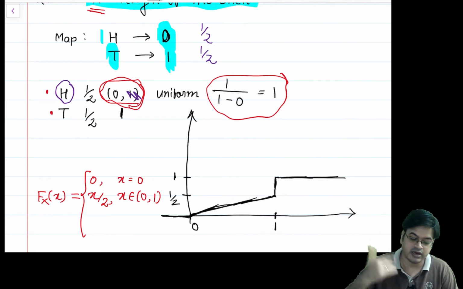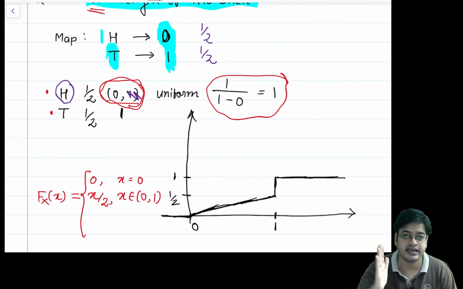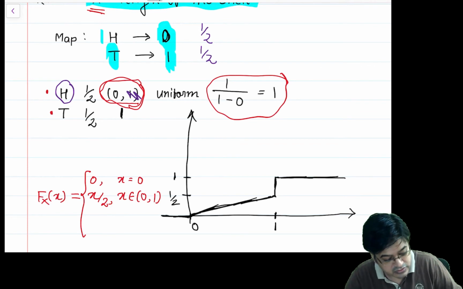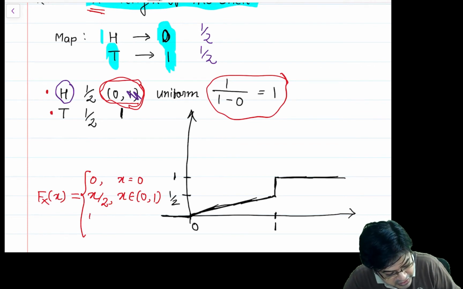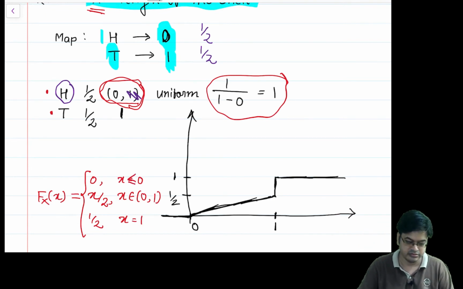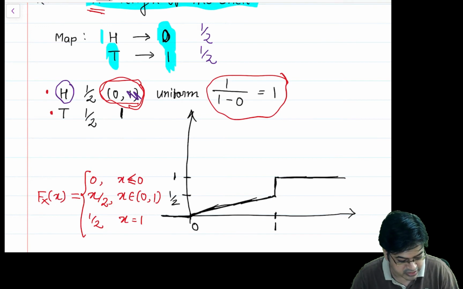and what happens to the other part? When you toss a coin and tail comes, at that point you will go to 1 with probability half. Here I should write x is less than or equal to 0, and then, sorry, it's not half, I am extremely sorry, I am talking about the CDF.